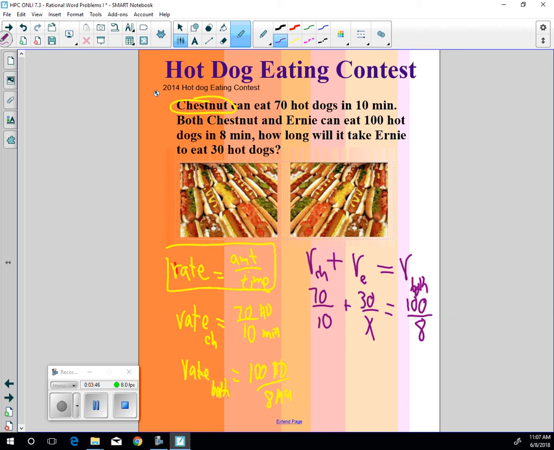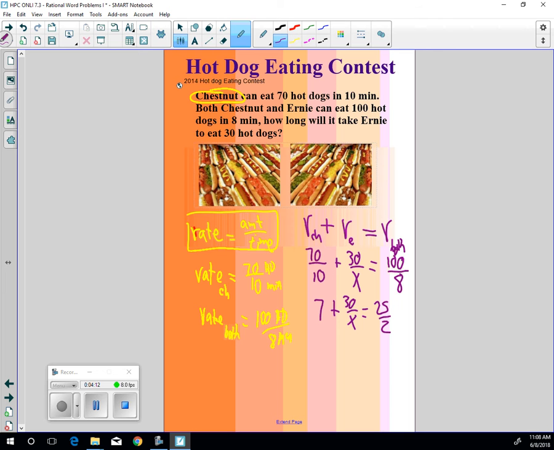But that rate of both of them is going to be the combined of the two individual rates. So the rate of Chestnut is 70 over 10, which is 7. The rate of Ernie is 30 over x. The rate of both is going to be 25 over 2, I think, when you divide both by 4.